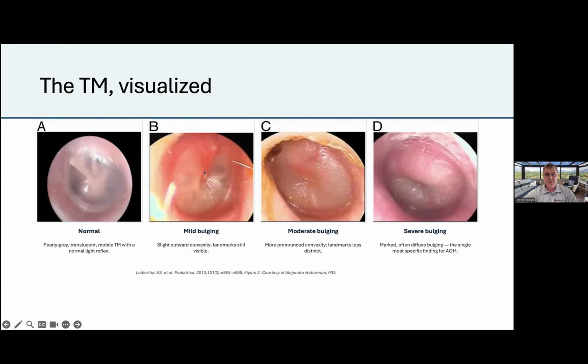The long process of the malleus gets shorter in appearance. We start to see the bulge. As that gets to moderate, those structures become more obscured, and by the time we get to severe, they're unrecognizable. And on this one, you can also see very nice purulence behind the TM. They also reference the use of pneumatic evaluation to see if you can get movement with positive or negative pressure. That will be an important part of the diagnosis going forward as well.